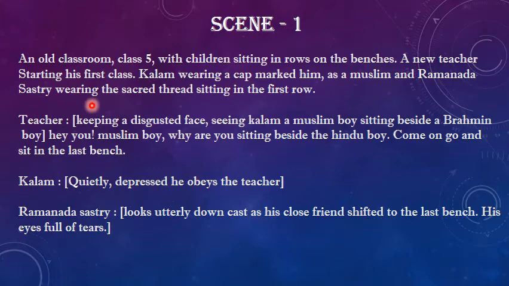By seeing that, we can easily recognize that those are Muslim boys. And Brahmins wear a sacred thread. Most other castes also wear it, but Brahmins compulsorily wear it. So that differentiates that Kalam is a Muslim boy and Ramanatha Shastri is a Brahmin boy.